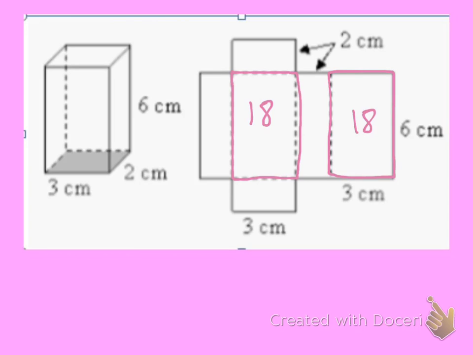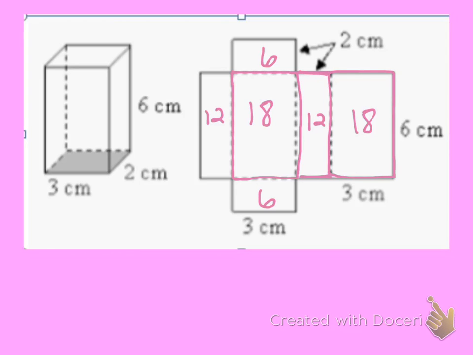Now, how about this one in between them? What's this one? What are the measurements of that one? You can say it. 6 and 2. That's 12. So that's the same as that one. And then the other two smaller pieces are what and what? 3 and 2, which is 6 and 6.